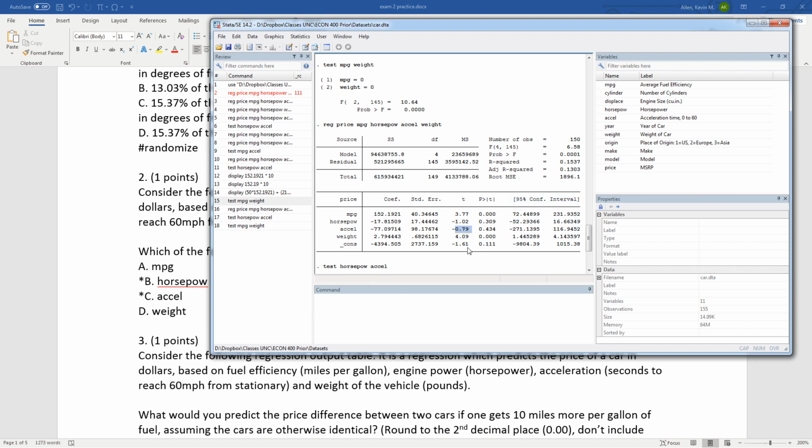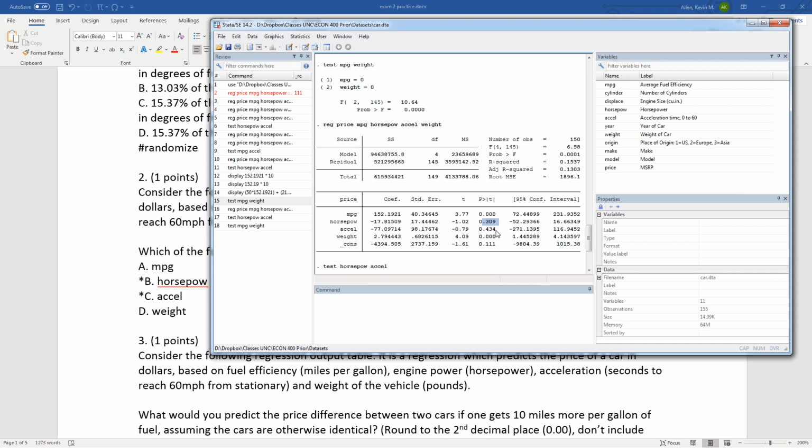T-score, you could look up against a critical value in the t-table, but the easiest way is to look at these p-values. And if these p-values are larger than 0.1, then this coefficient is statistically insignificant. The smaller the p-value is, it might be significant at the 10% level if it is 0.1 or less.